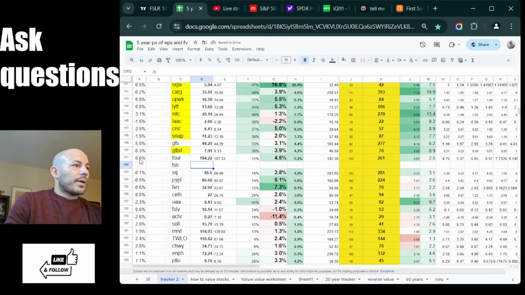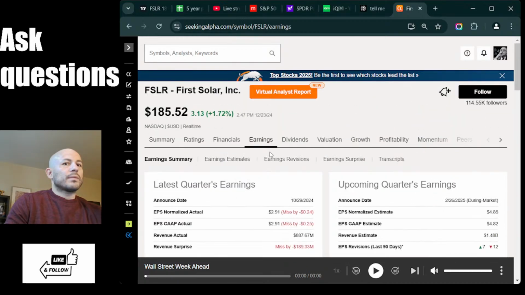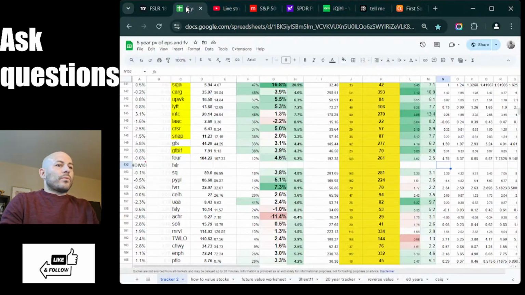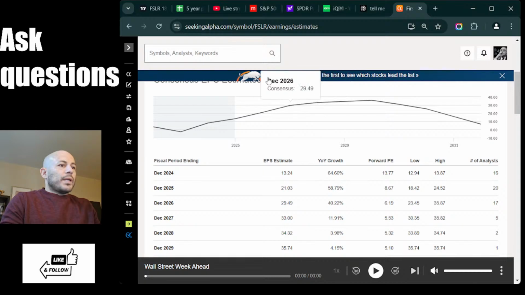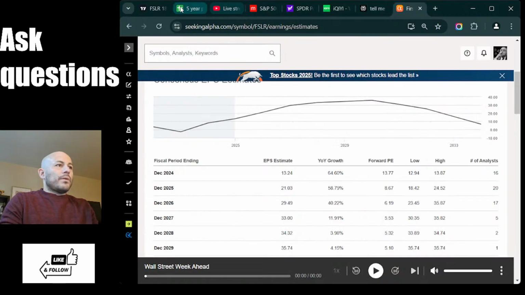So this is how I add a stock to my database. I need to find the earnings. $13.24, $21.03, $29.49, 33.